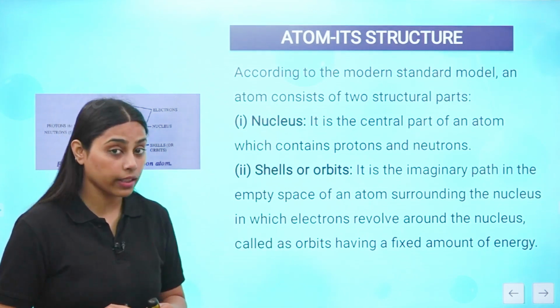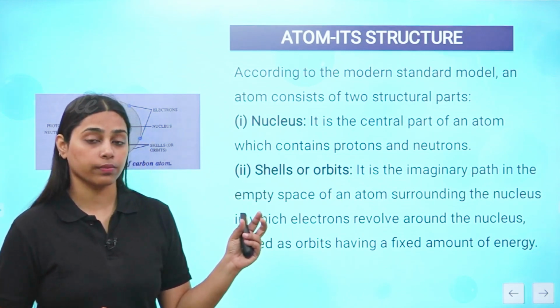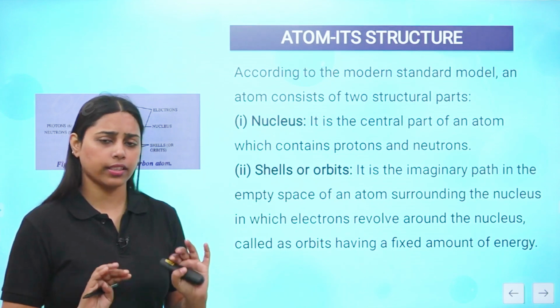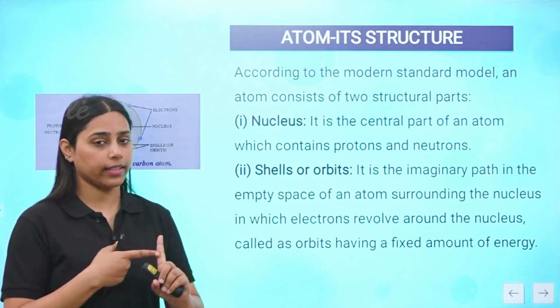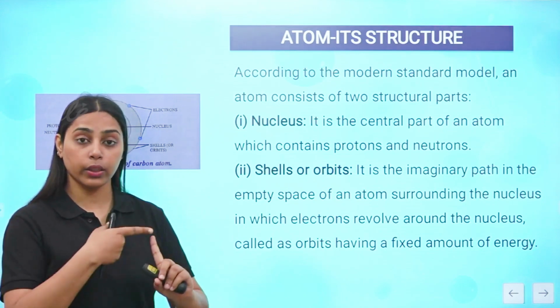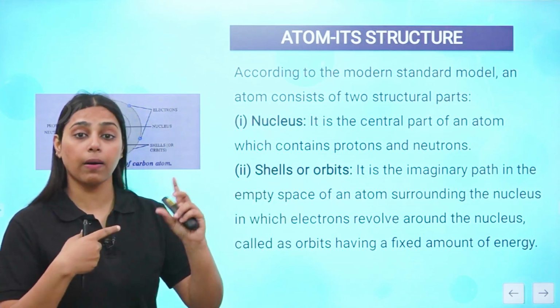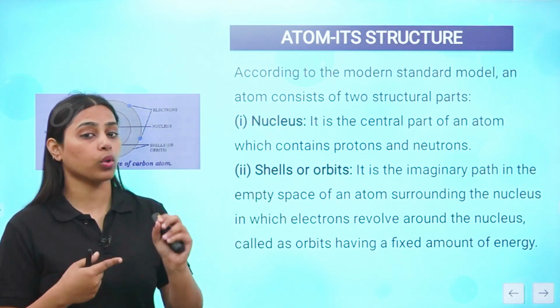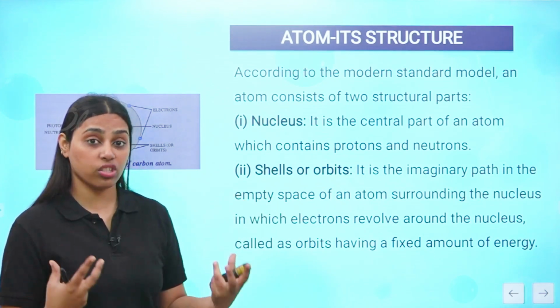Nucleus is the central part of the atom which contains protons and neutrons. For right now, just understand this only, that an atom has two parts, nucleus and the electron shells, or simply you call them shells or orbits. Nucleus is that part in the atom, specifically the central part, which is made up of protons and neutrons. And shells or orbits are those imaginary paths.